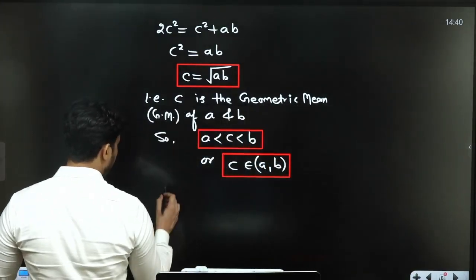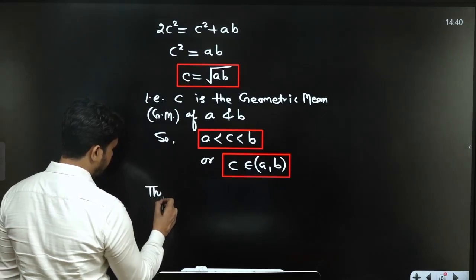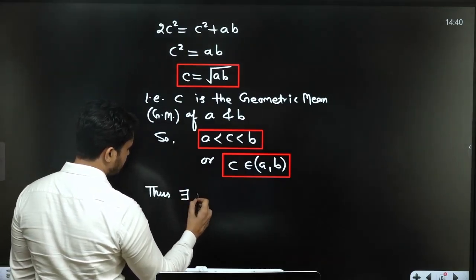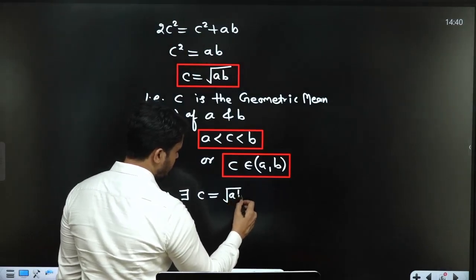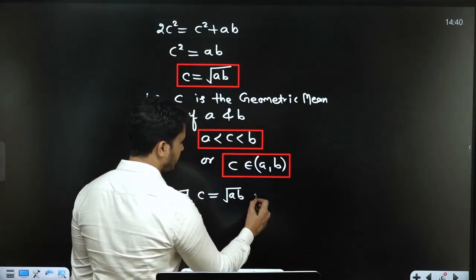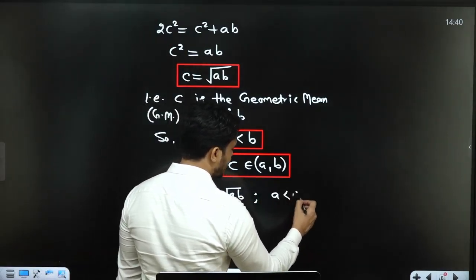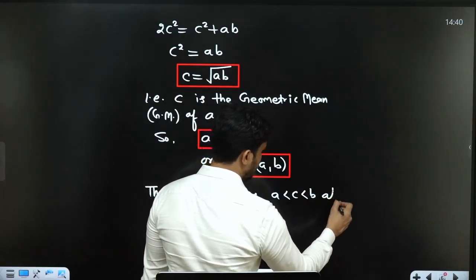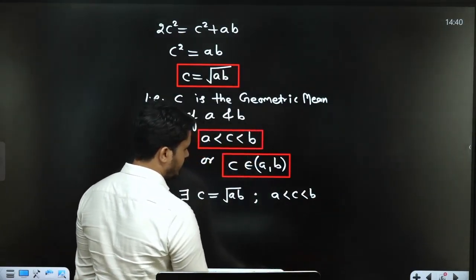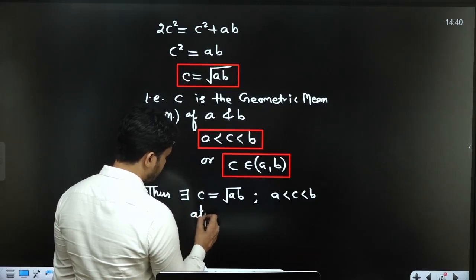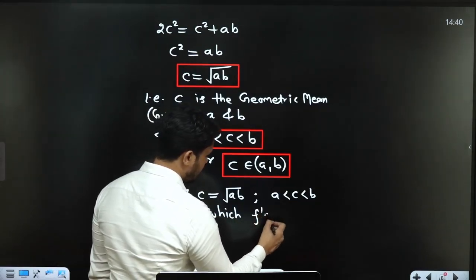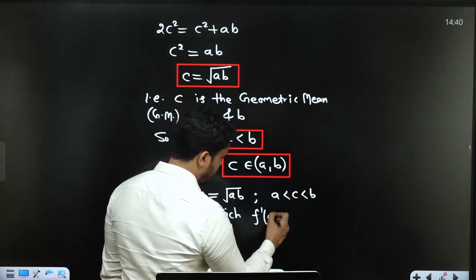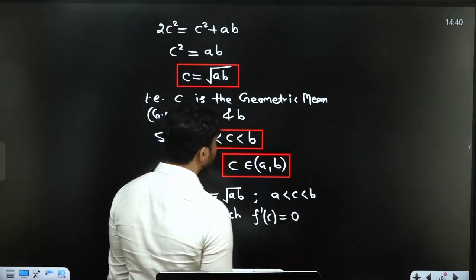Right? लिखेंगे thus there exists c which is equal to root ab, or a comma c comma b, at which f dash c is equal to 0.